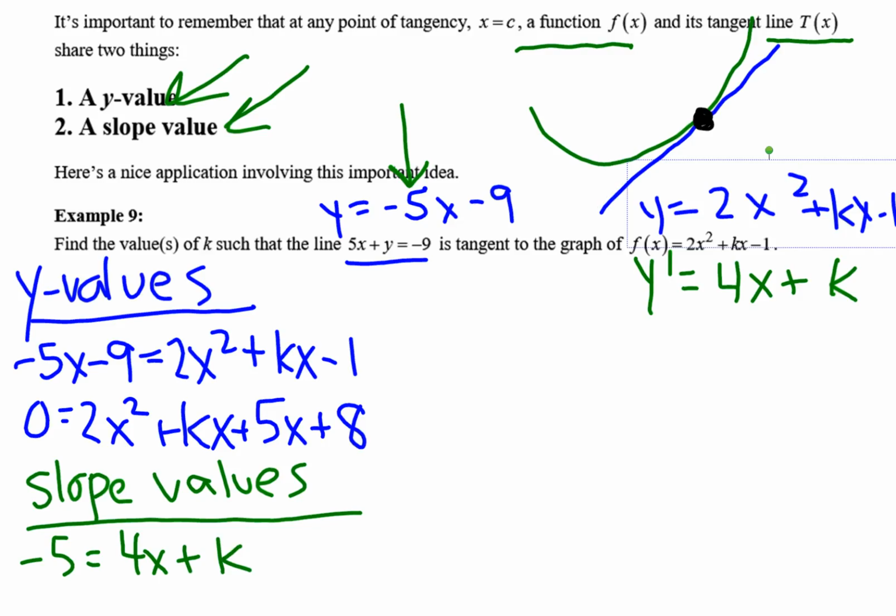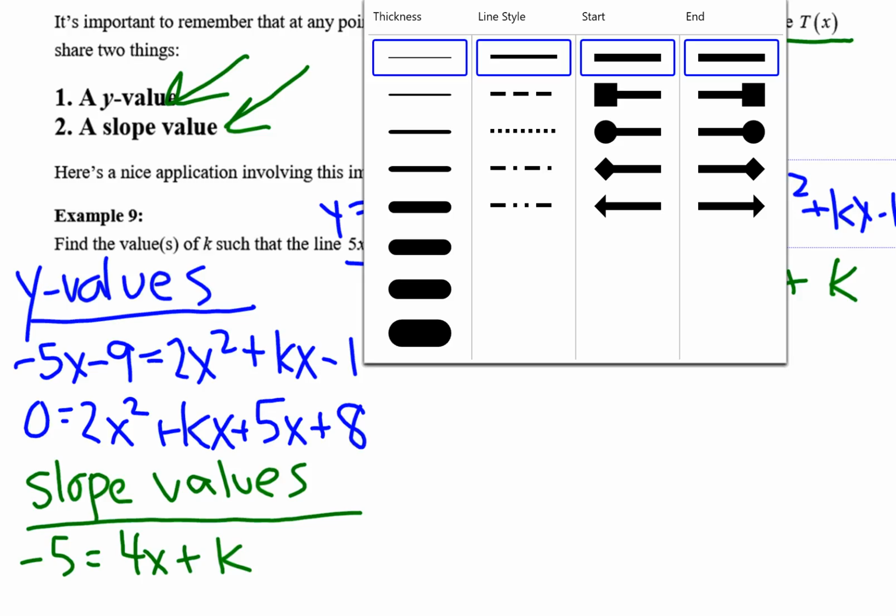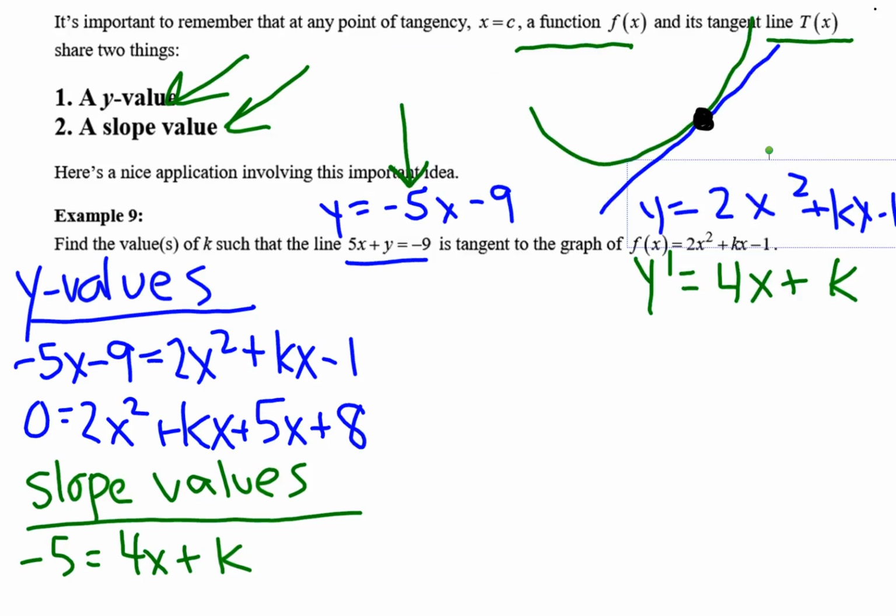Now, if we want to solve for x or k, we now have two equations, one here and one here. So we can use substitution. That'll probably be the most straightforward way. I'm going to make this a little bit smaller here, so it'll be easier to write.